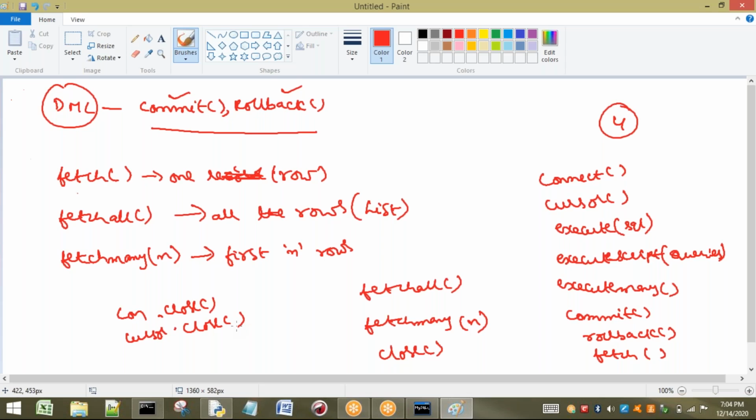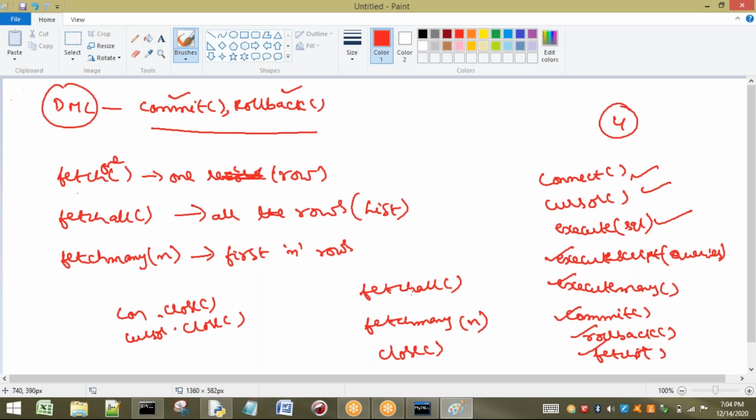What are those? First one is connect. Next one is cursor. Next one is execute. Next, execute script. Next one is execute many, commit, rollback, fetch one.